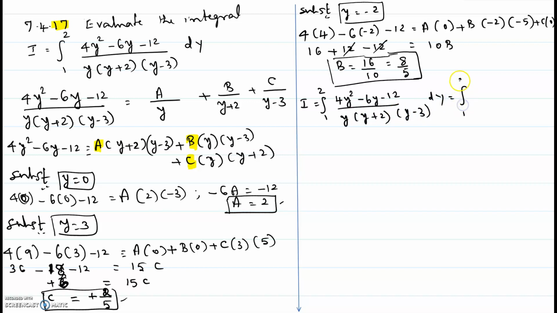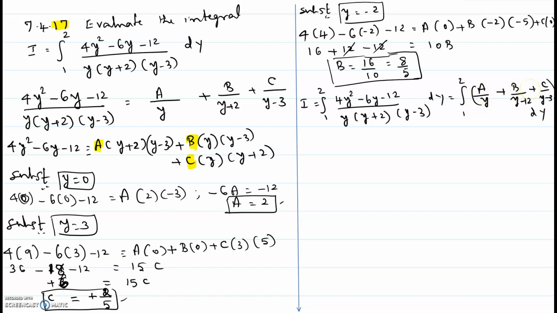This will be the integral from 1 to 2 of A over y plus B over y + 2 plus C over y − 3 dy.